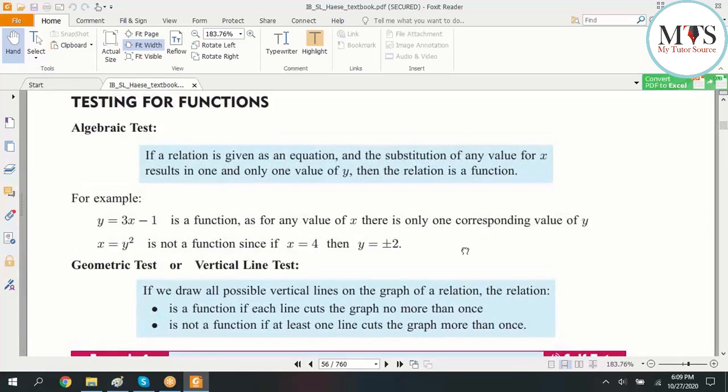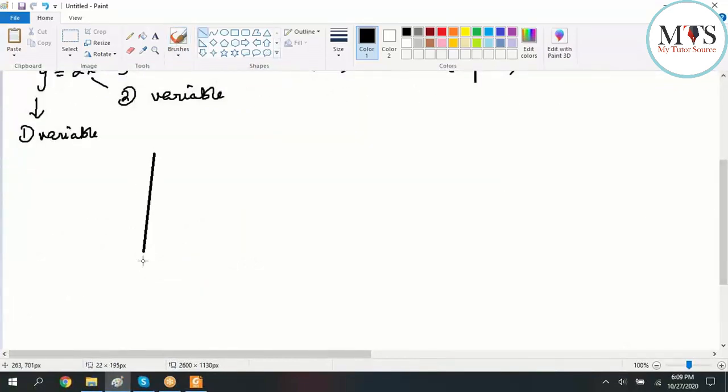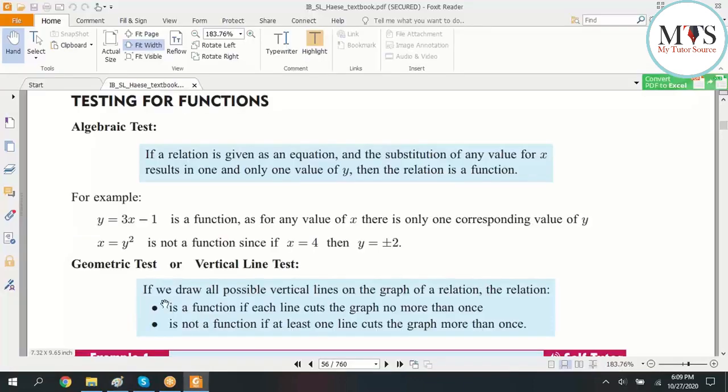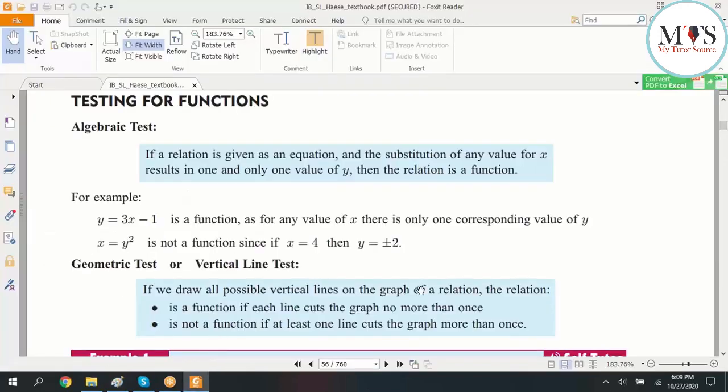So now by this they mean, if we draw a graph over here and it's cutting the line no more than once, it is a function.